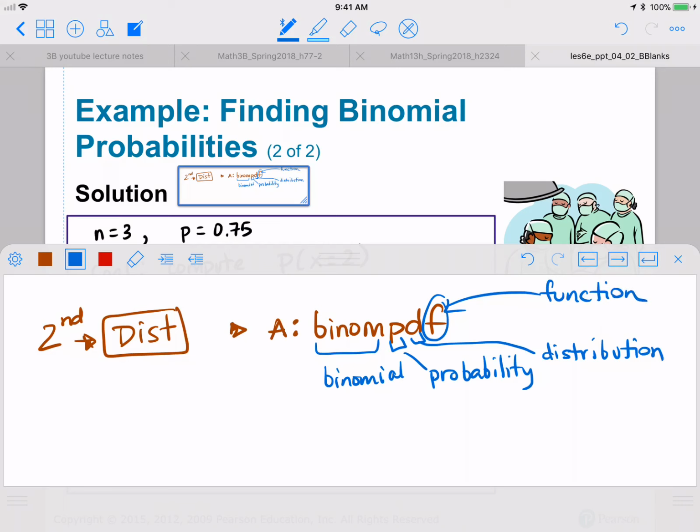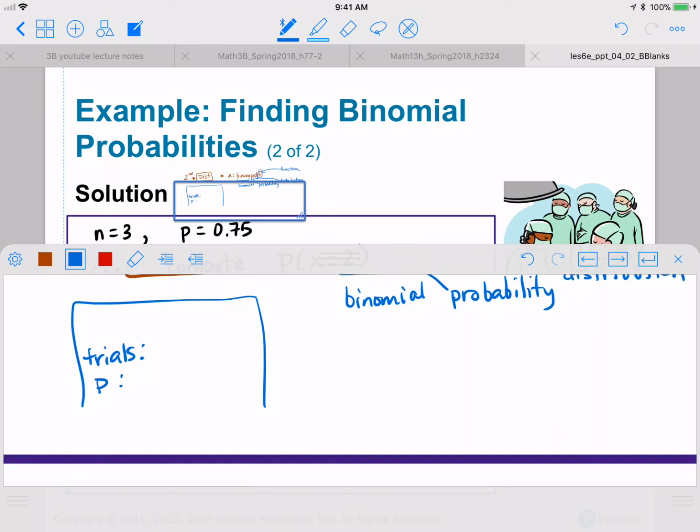Okay, so a pop-up should show a screen, and the screen will ask you for trials, for P, which is the probability of success, and then for the X value, and then it'll say paste.